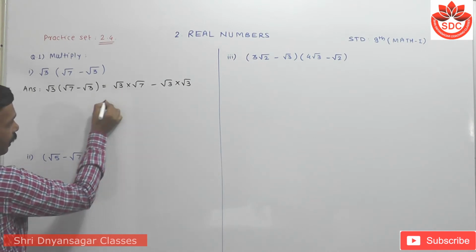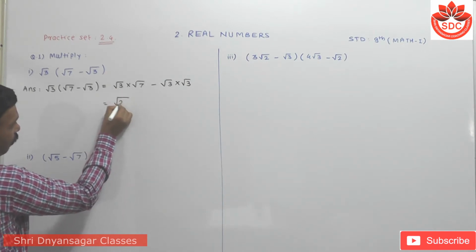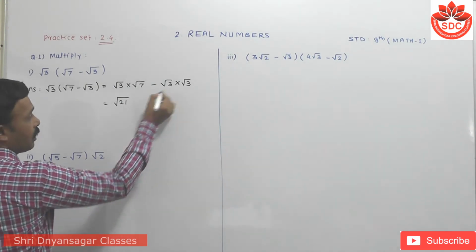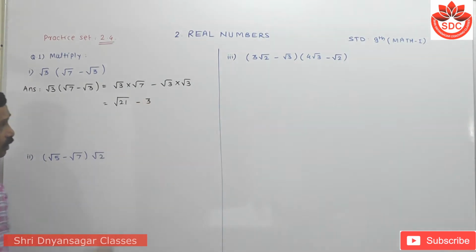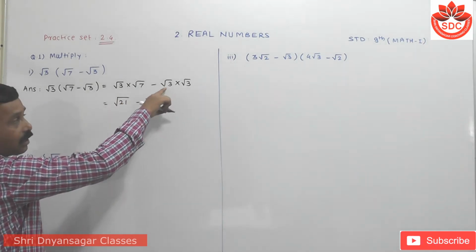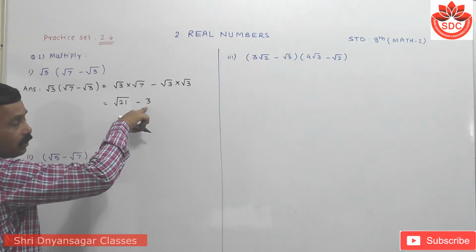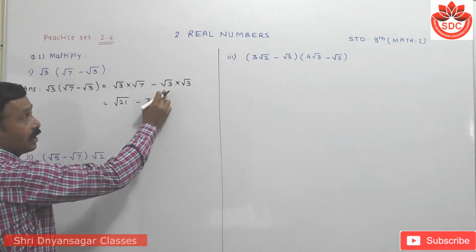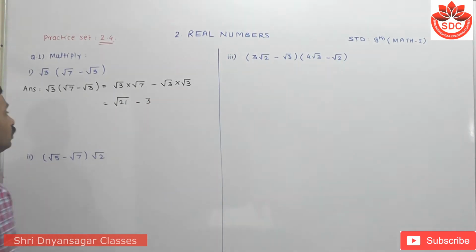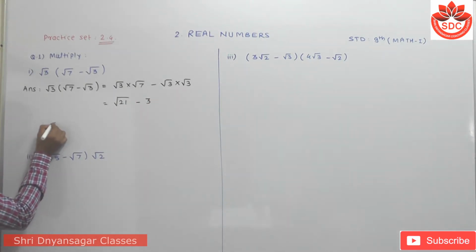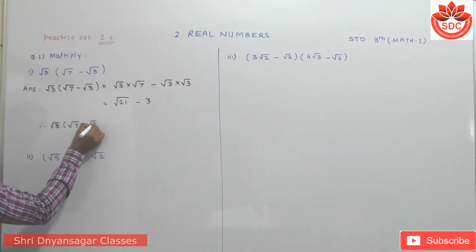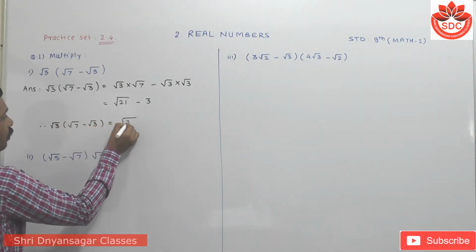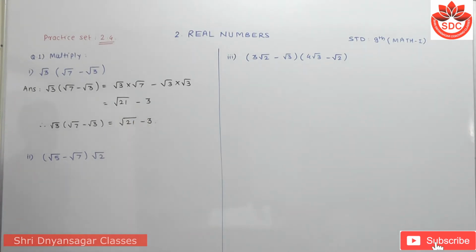Here the radicals are the same in the second product, so the first product is root 21, and root 3 into root 3 becomes root 9, which is 3, because 3 threes are 9. By the law of indices, root of a into root of a is equal to a. So the answer is root 3 into root 7 minus root 3 equals root 21 minus 3. So simple.